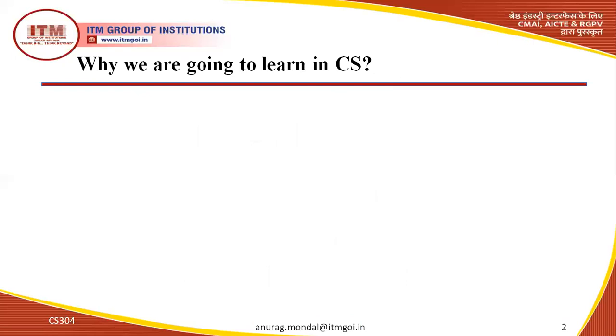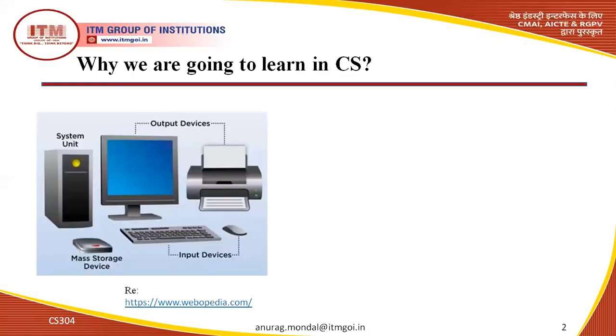Why are we going to learn this particular subject, digital electronics or digital system, in the CS department? First of all, whenever the CS, computer science department, comes to our mind, this image of the computer system strikes our mind.